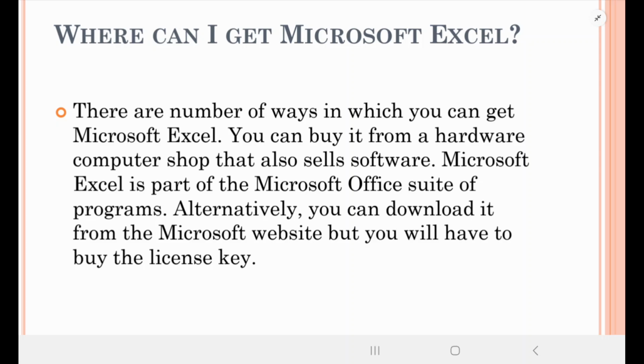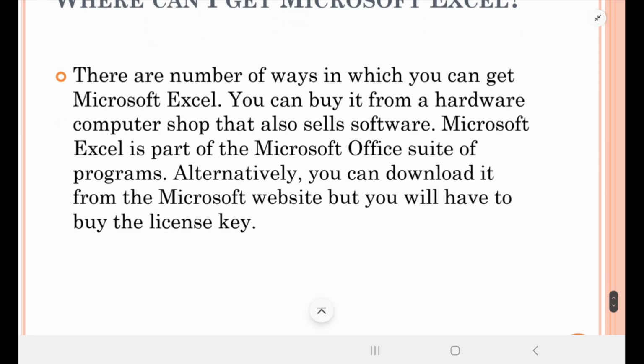From where you get MS Word, you will get MS Excel. You can directly download from the Microsoft site, as this is part of the Microsoft Office suite, and by visiting the Microsoft website you can easily download it or buy a license key.